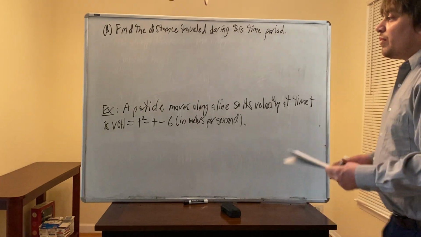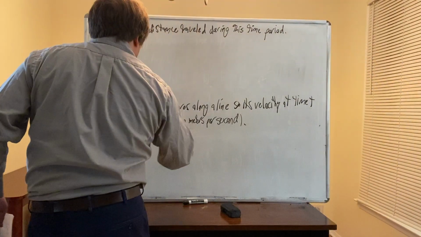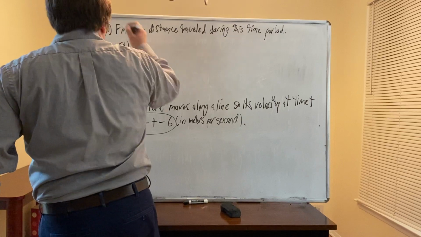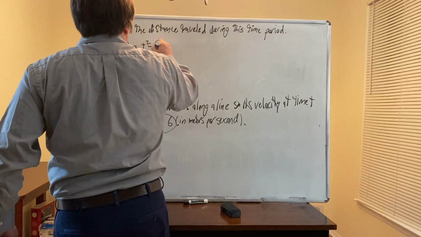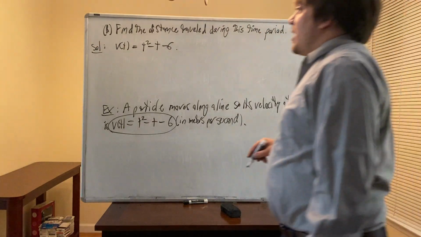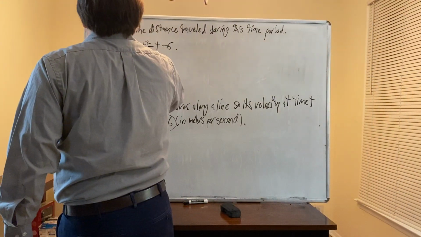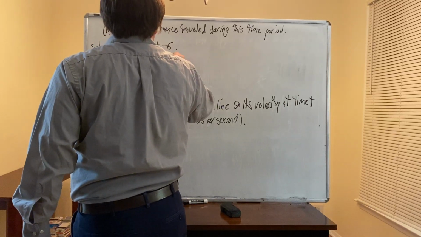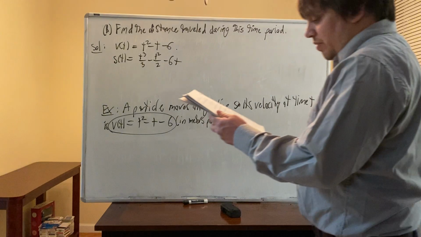So here v of t is this function. So v of t, this is the solution. V of t is t squared minus t minus 6. Okay, s of t, which is the displacement, is t cubed over 3 minus t squared over 2 minus 6t. That's an antiderivative of v.